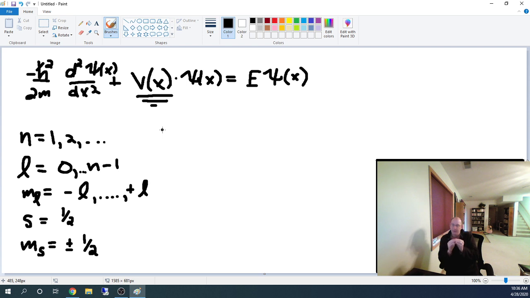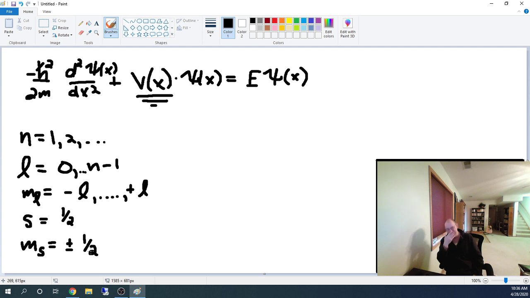The ground state of any atom is to fill the energy associated with all of the quantum numbers that have the lowest values, whose quantum numbers correspond to the lowest energy. So the hydrogen atom is the simplest. The ground state of the hydrogen atom is 1, 0, 0, 1/2, and then it could be either plus 1/2 or minus 1/2. Doesn't matter which. Spin up or spin down.